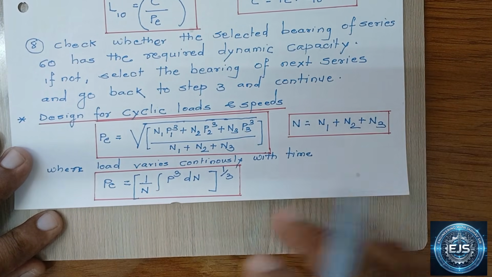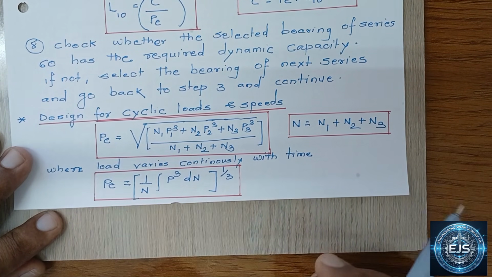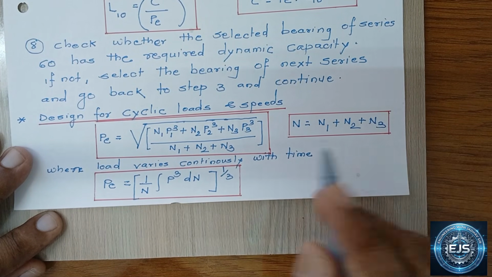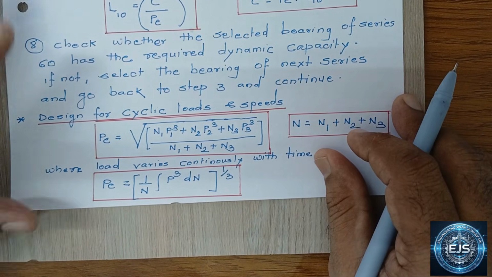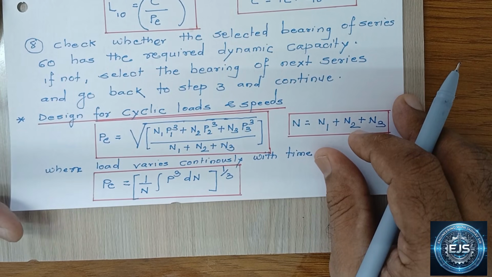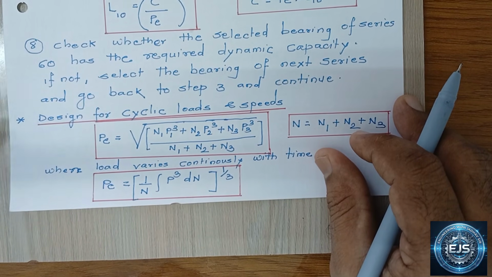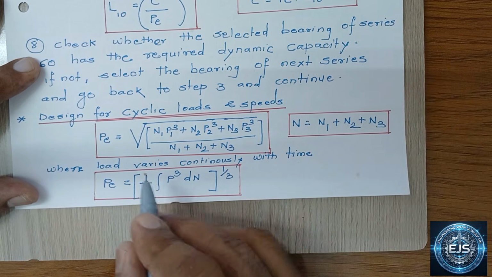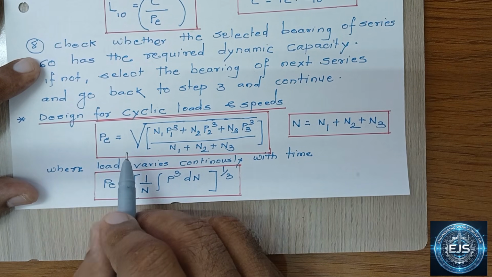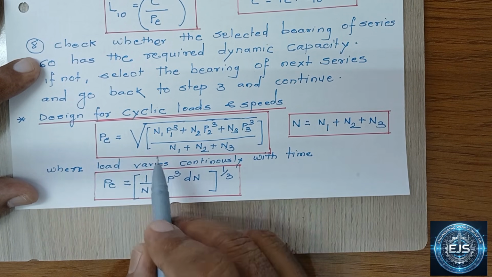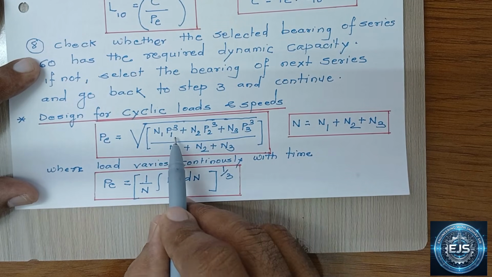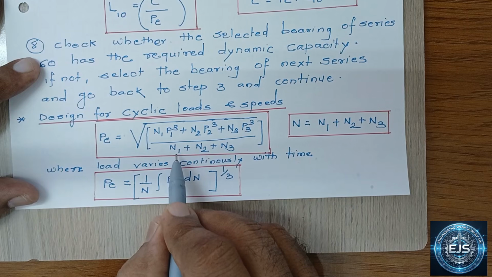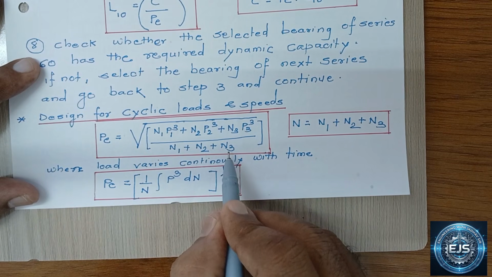Now the last part of this rolling contact bearing is the design for cyclic loads and speeds. So if the total life cycle of the bearing is divided into various elements or various operations, in that case the equivalent dynamic load is calculated as the cube root of N1 P1 cube plus N2 P2 cube plus N3 P3 cube, upon N1 plus N2 plus N3.